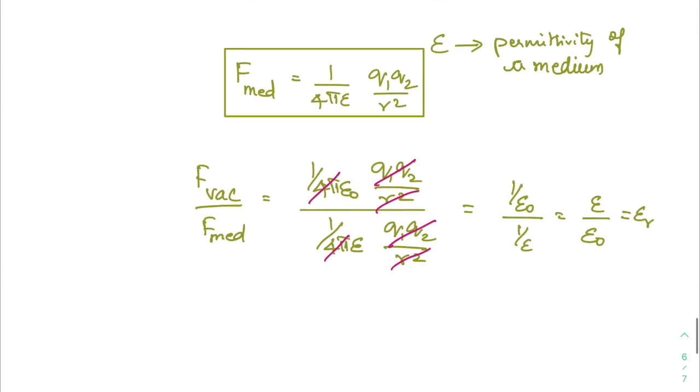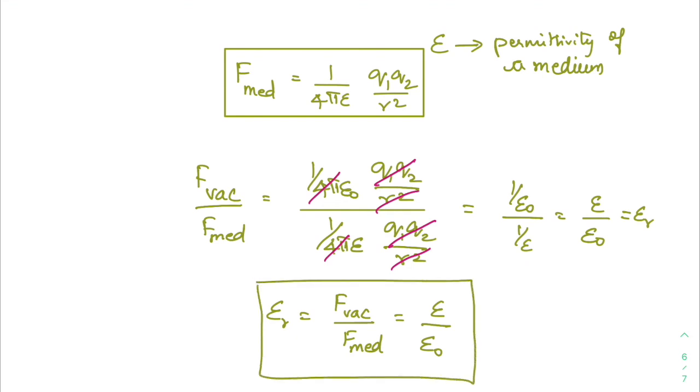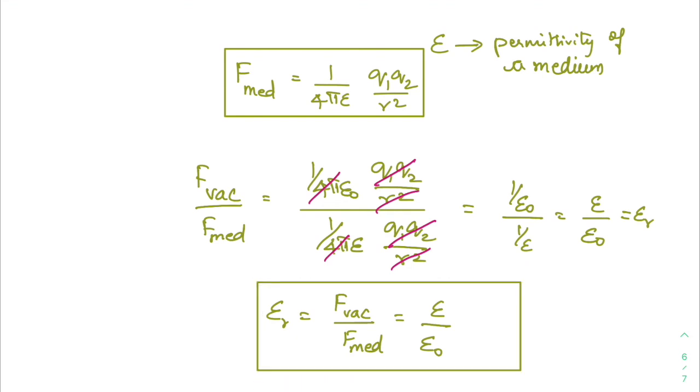So the relative permittivity can be given as the ratio between the force experienced between point charges in a vacuum to that in a medium, or otherwise the permittivity of a medium to the permittivity of free space. So this is nothing but the relative permittivity. Sometimes this relative permittivity is given as kappa, which is otherwise called the dielectric constant.